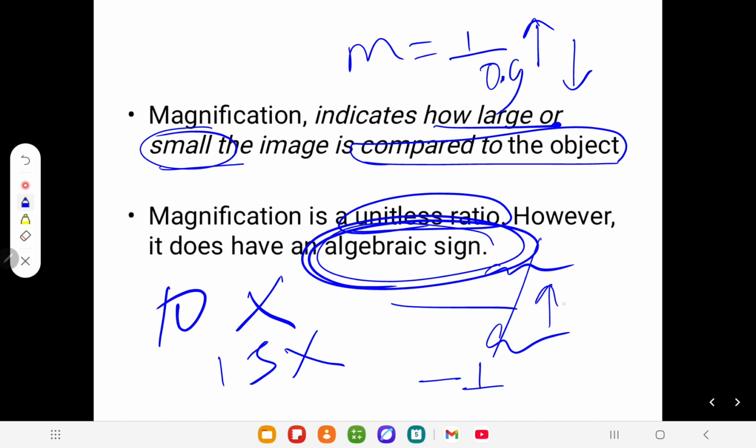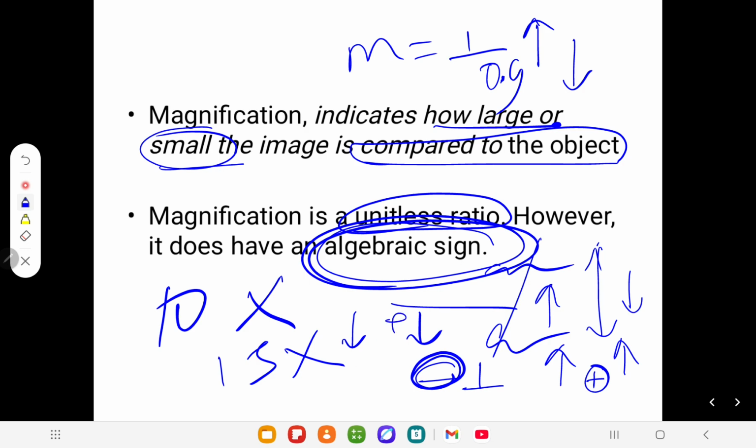If the object is erect and the image is inverted, then magnification is indicated by minus. If the object is erect, image is erect, then it's plus. If the object is inverted, image is inverted, it's plus. But the exact opposite, if the object is inverted and image is erect, then magnification is negative.